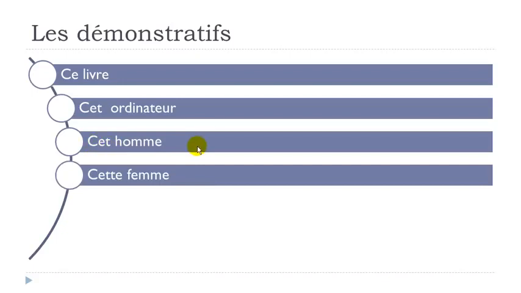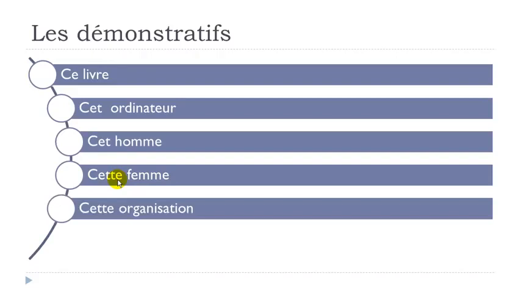Now, feminine word, femme, woman, no problem because we've got only one option for the feminine form, and it's cette, written like that. Cette femme. Same thing if you've got a word like organisation, it's the same in English. It starts with a vowel, but it doesn't change anything for the feminine démonstratif. Cette organisation.